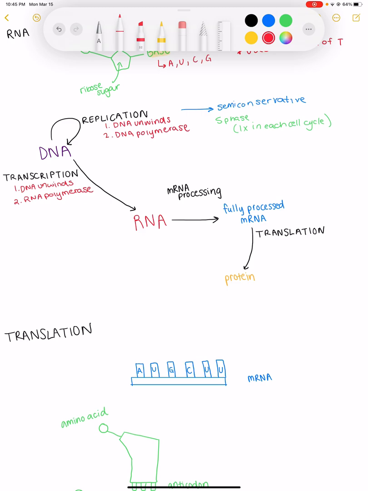So with transcription, different from replication, which can only happen one time in the cell cycle, transcription can actually happen repeatedly in the cell cycle. So it'll happen pretty much as we need it to if we are needing to make proteins from a specific gene.